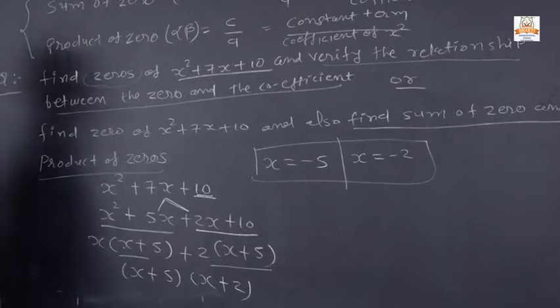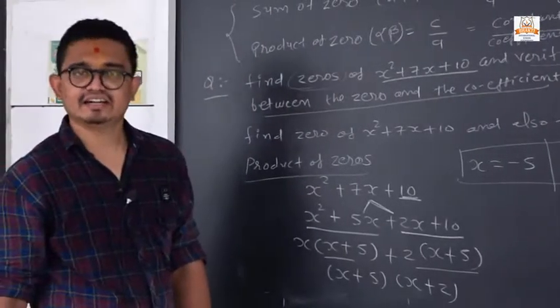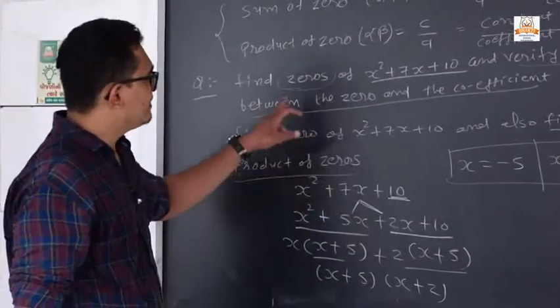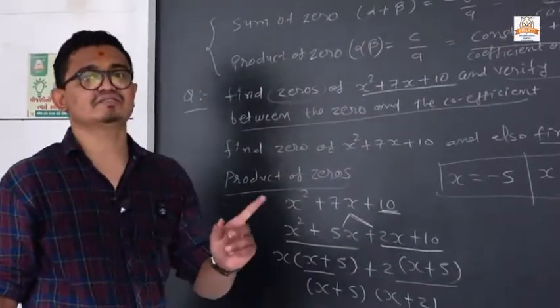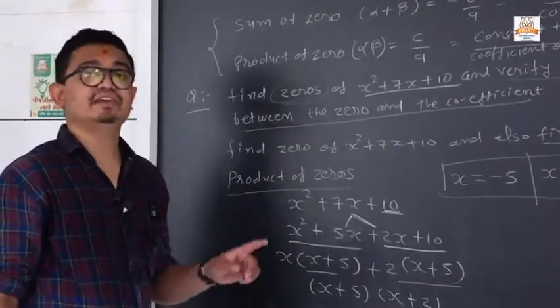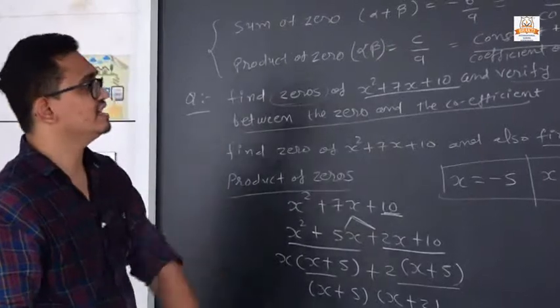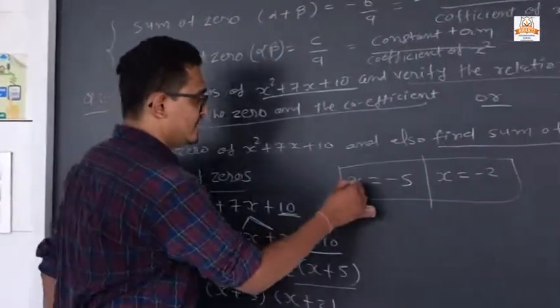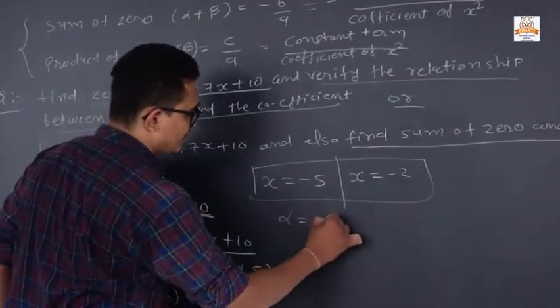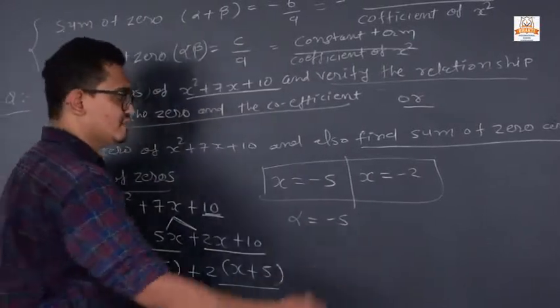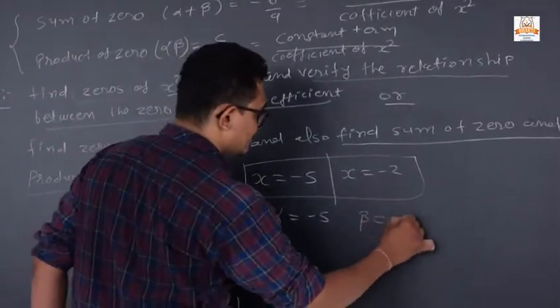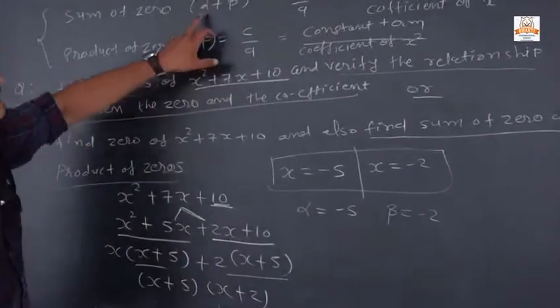We also discussed last time that if we have a quadratic polynomial, we have two zeros. If it is linear, we have only one zero, and if we have a cubic polynomial, we have three zeros. Sometimes the zeros are called alpha and beta, so that's why I am using that sign here.